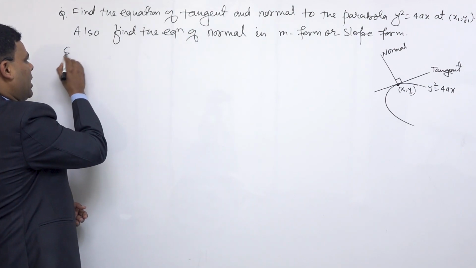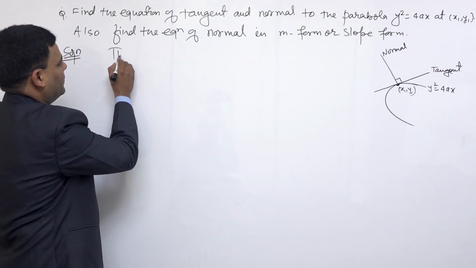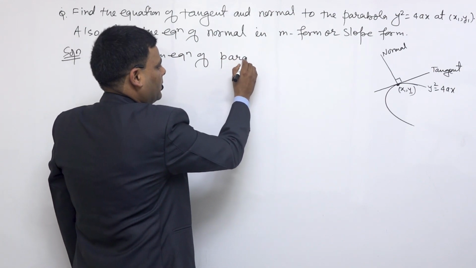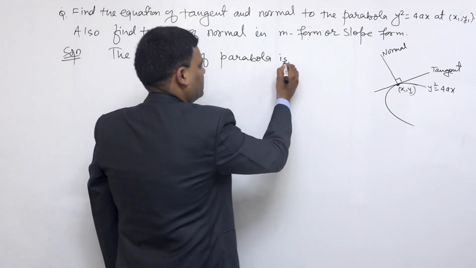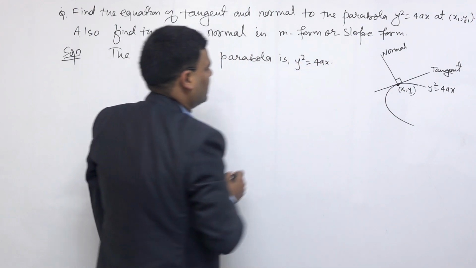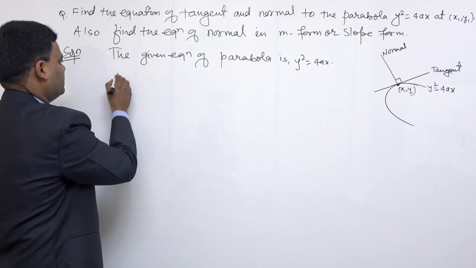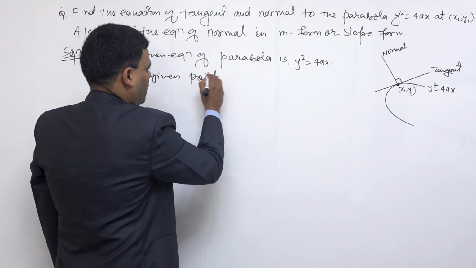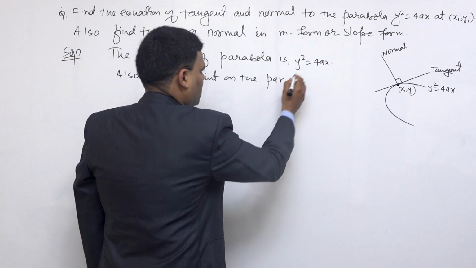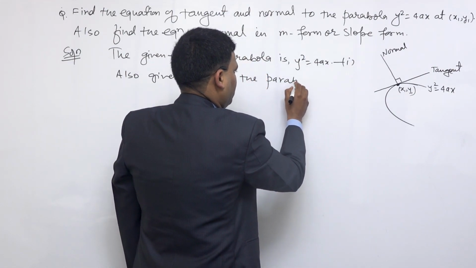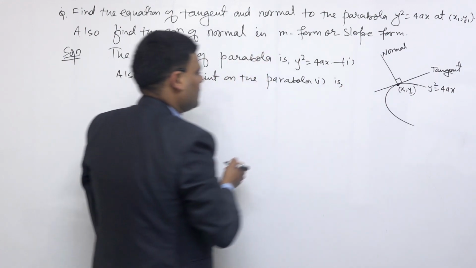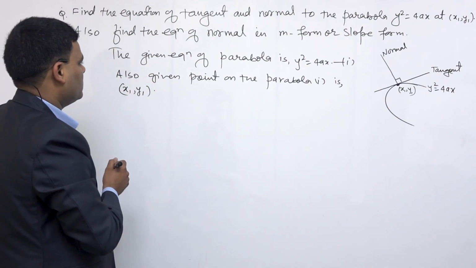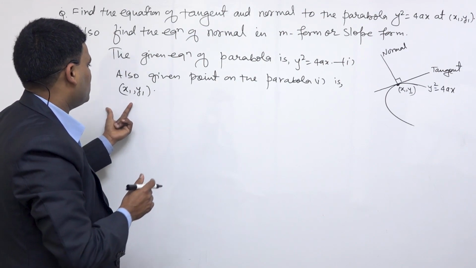So here we have the solution. The given equation of parabola is y square equals to 4ax, call it 1. Also the given point on the parabola 1 is x1 y1.